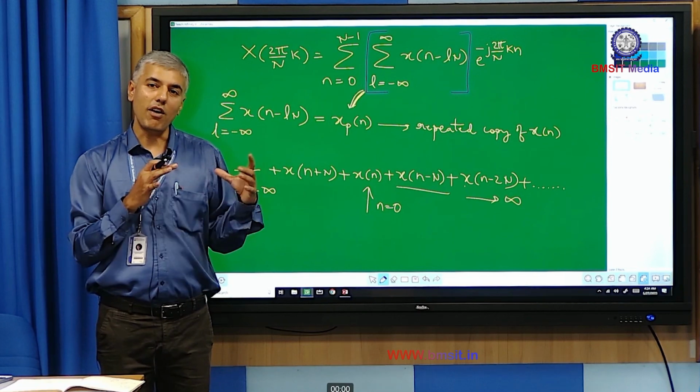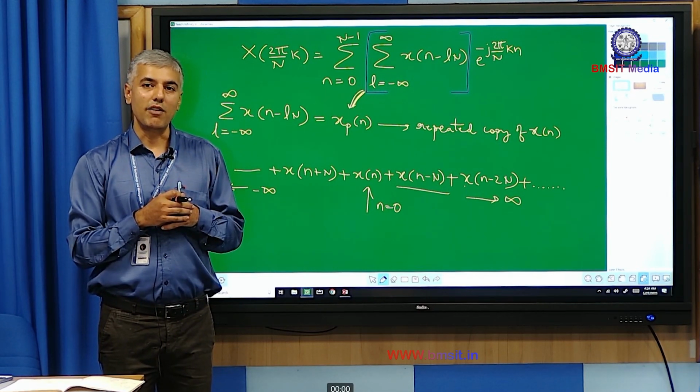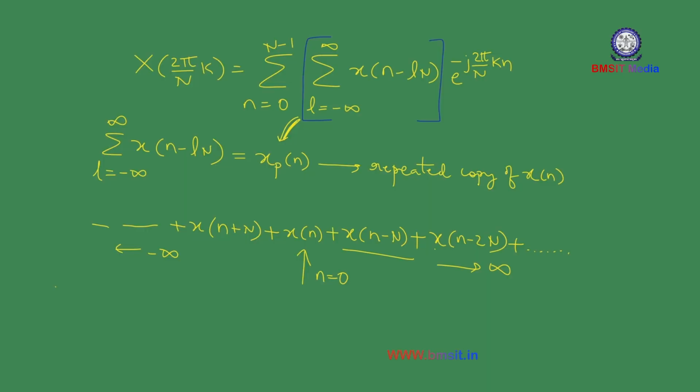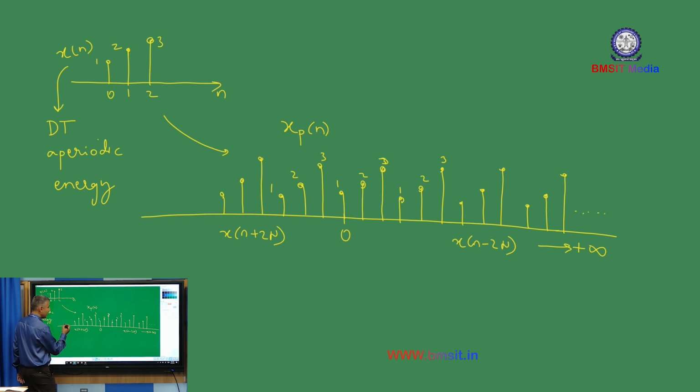So the meaning of this representation is that the Fourier transform, through the rearrangement, we could do it for the discrete time aperiodic signal, since xp of n is periodic, right? This is nothing but the periodic representation.